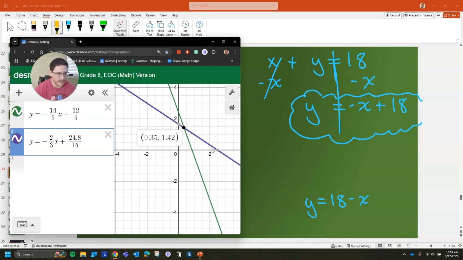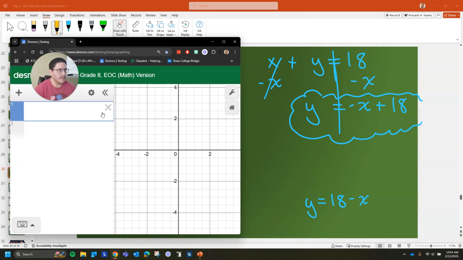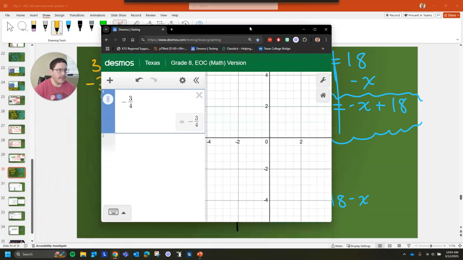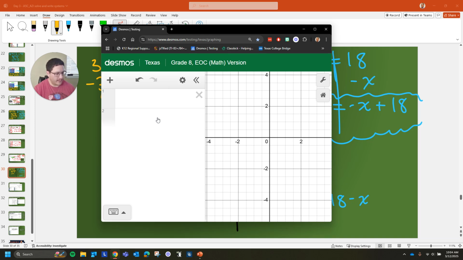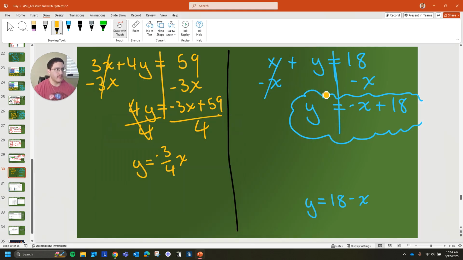I'll show y'all on the Desmos calculator. Negative 3 divided by 4 will give me a decimal, which I'm just going to leave as a fraction. And then 59 divided by 4 is going to be the same thing, gives me a decimal. I'm just going to leave it as a fraction.